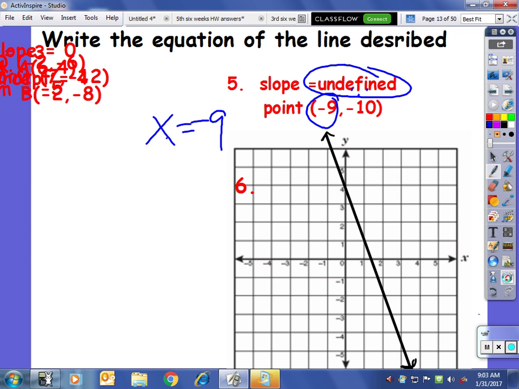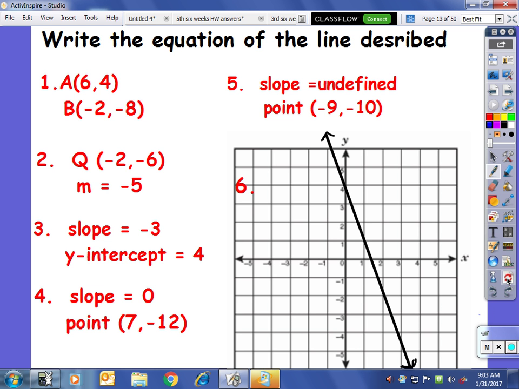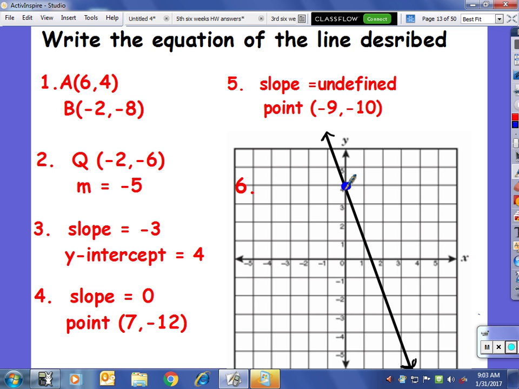All right, and then the last one, a picture. We can identify the y-intercept pretty easily, and I was hoping you'd be able to find some nice whole number points. It looks like this one right here. I know it's kind of hard to count from where you're sitting, but let's count out this slope. First of all, what kind of slope is it? Negative. It's definitely negative because this line's going down.